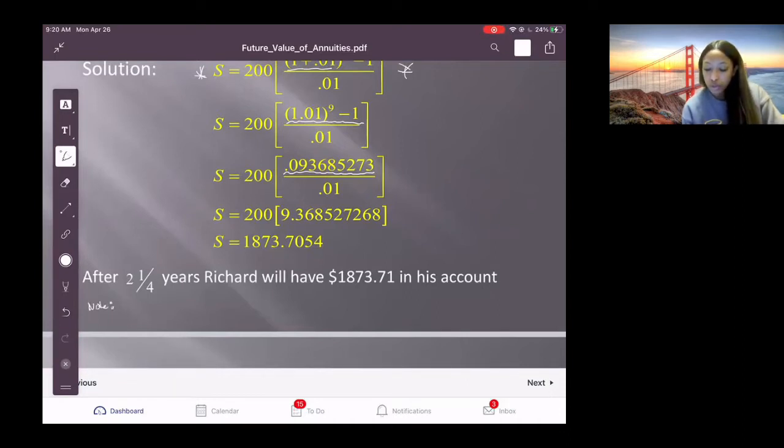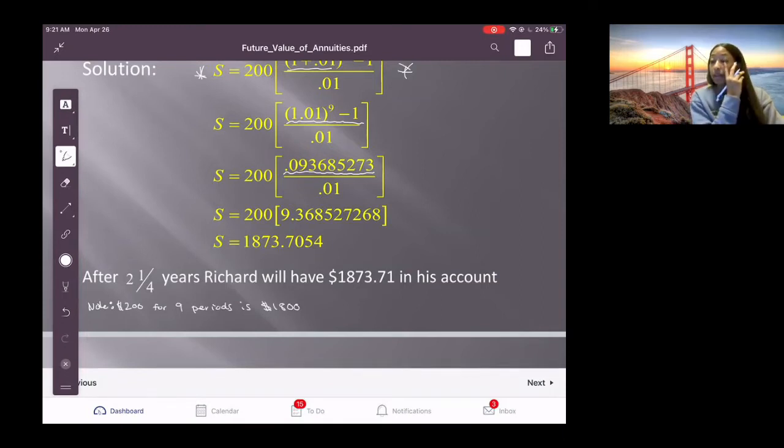Remember, we put $200 into the account every quarter. How many quarters did we have? 9 quarters, because it was for 2 and 1/4 years, right? So how much money did we actually put in? $200 for 9 periods is $1,800. So we put $1,800 into the account of our own money.